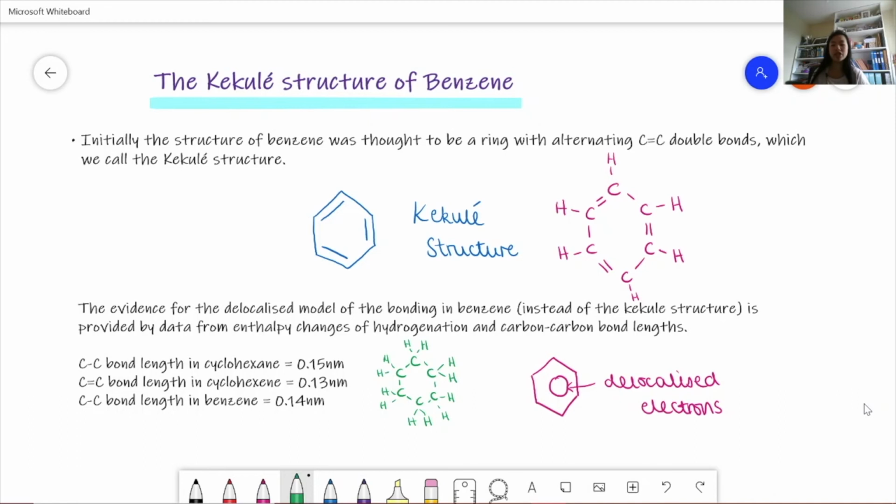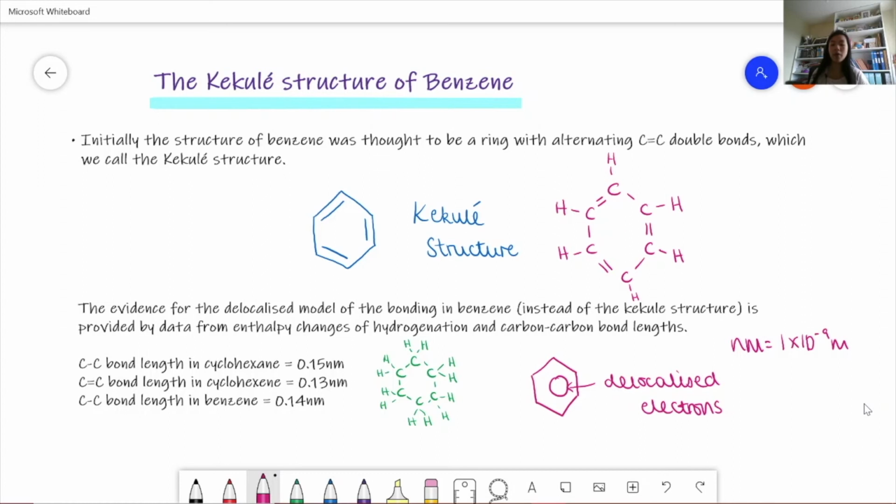And so we've measured the carbon-carbon single bonds to be 0.15 nanometers. And a nanometer is equal to 1 times 10 to the minus 9 meters. So it's very, very small.